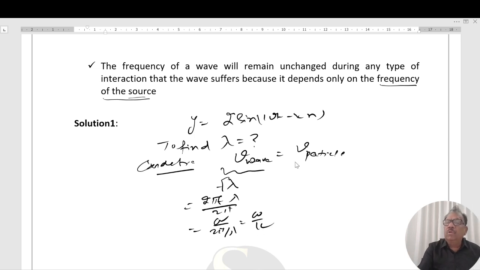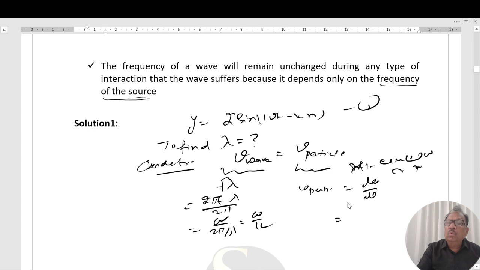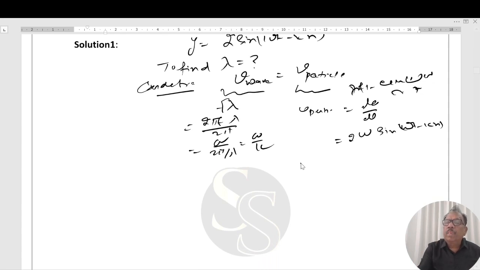Particle velocity: differentiating equation 1 with respect to t, we get v particle equal to dy by dt equal to 2 omega cos(omega t minus kx). Right? Now v particle maximum will be equal to 2 omega, considering the maximum value as 1.